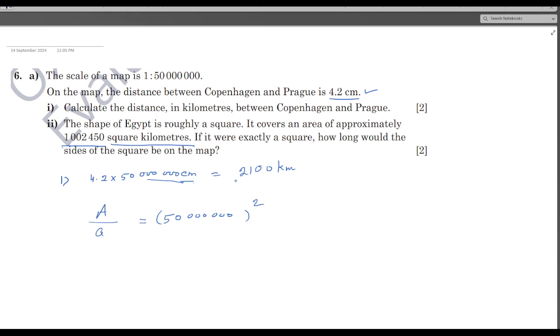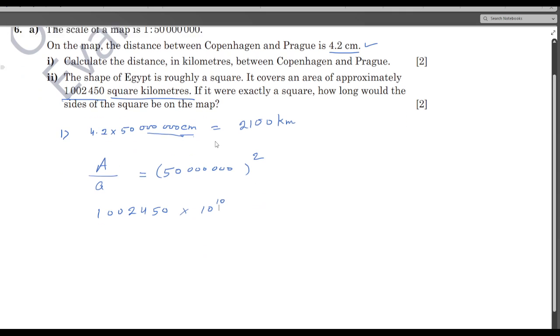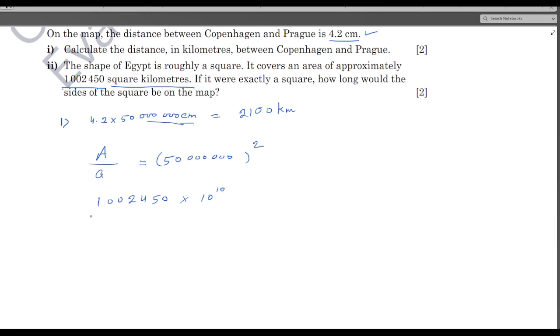So this total value 1002450, if I convert this square kilometer into centimeter square, then I have to multiply by 10 power 5 for converting kilometer into centimeter. And to convert square kilometer to square centimeter, we will square that 10 power 5, which is 10 power 10.